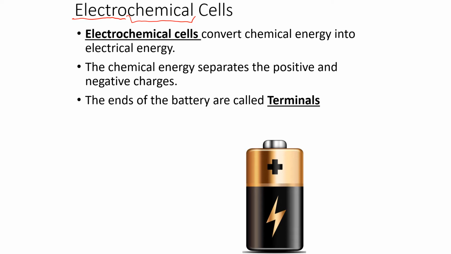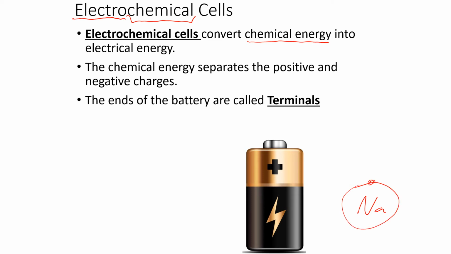But an electrochemical cell takes chemical energy and converts it into electrical energy. So chemical energy is changed into electrical energy. And if you take Chemistry 12, we go into this quite in depth, but when we talked about how reactions occur before in our chemistry unit, you may have heard about when sodium, Na, has one electron on the outside shell.